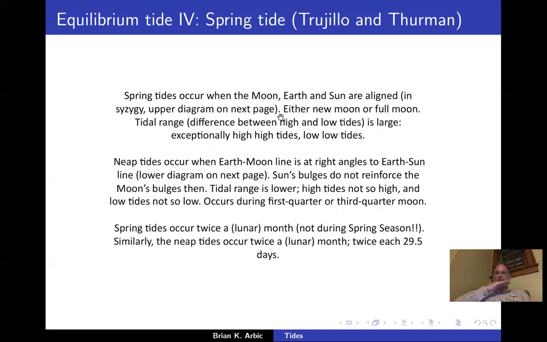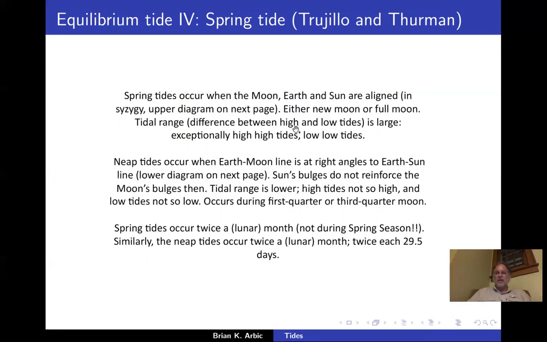And so syzygy is when they're all in a line, and that occurs during a new moon or a full moon. And so when this happens, the equilibrium tide pulled by the moon, the lunar equilibrium tide, and the one pulled by the sun, the solar equilibrium tide, are lined up. So you get exceptionally high highs and exceptionally low lows.